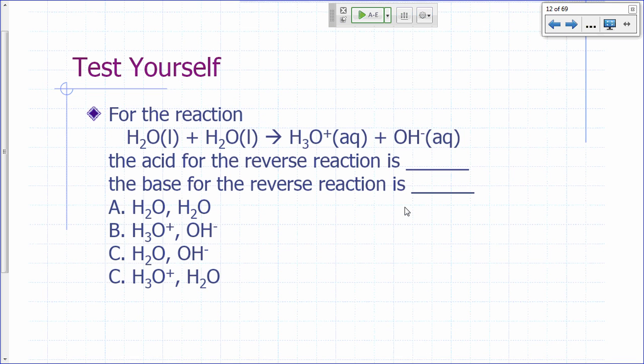For the reverse reaction, remember this reaction is reversible. So if hydronium was to give its proton back to hydroxide to give you 2 water molecules, what's the acid for the reverse reaction and what's the base?